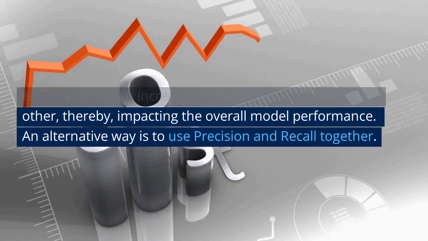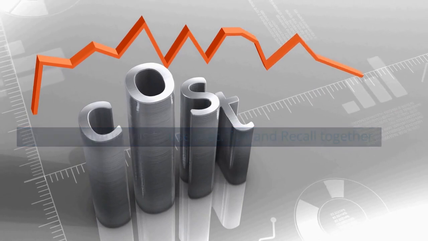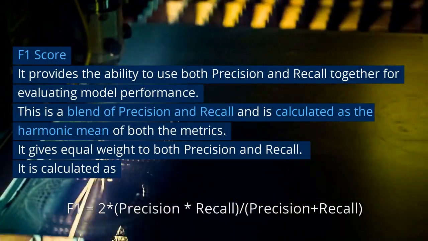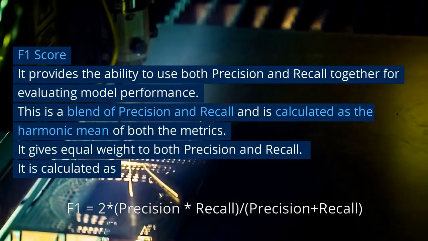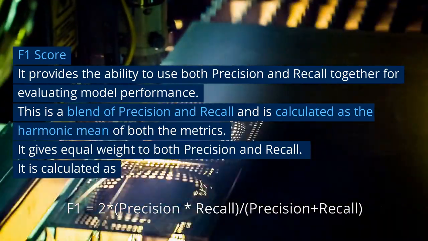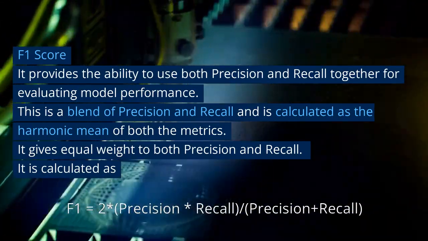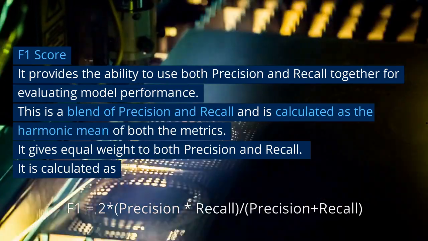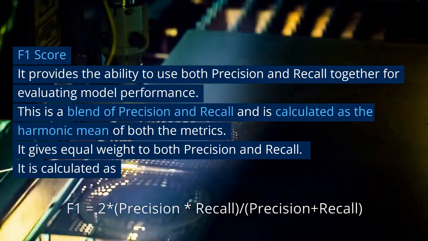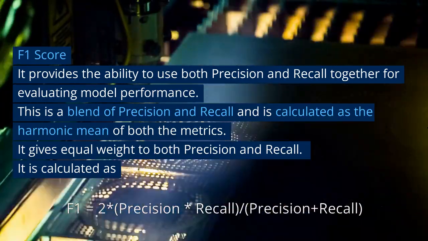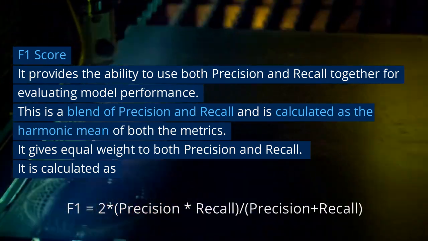An alternate way is to use precision and recall together. F1 score. It provides the ability to use both precision and recall together for evaluating model performance. This is a blend of precision and recall and is calculated as the harmonic mean of both the metrics. It gives equal weight to both precision and recall.